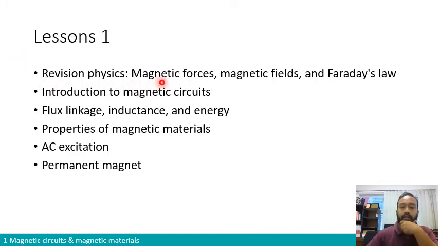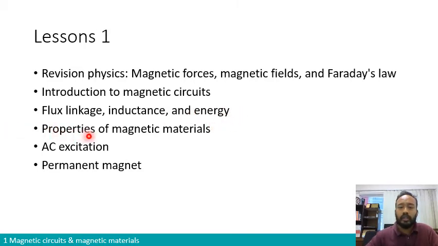We're going to start with the revision of some standard terms in order to standardize the understanding related to magnetic forces, magnetic fields, and Faraday's law. What are they? And then we'll go into an introduction of magnetic circuits. This is going to consume about 1 week, these two alone, and then we'll talk about flux linkage, inductance, and energy. This is related to the transformation of energy from electrical to electromechanical in motors.